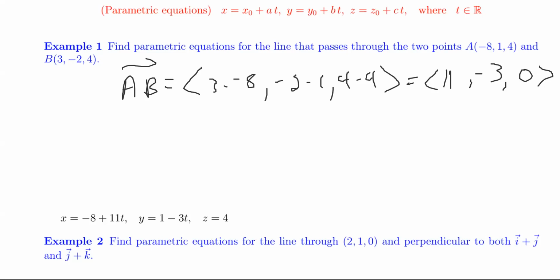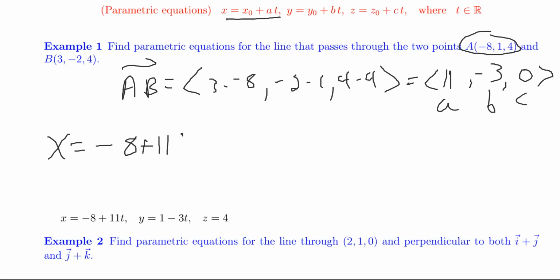And so that vector is, again, a direction vector for the line we're trying to find the parametric equations of. This gives us the parametric equations. x is equal to x0 plus at. Well, x0, we can just pick this first point up here. So x0 is -8, plus at, a is 11, so this is 11t.